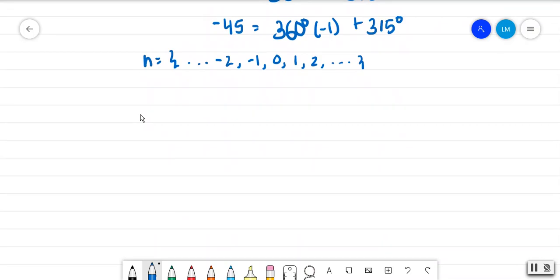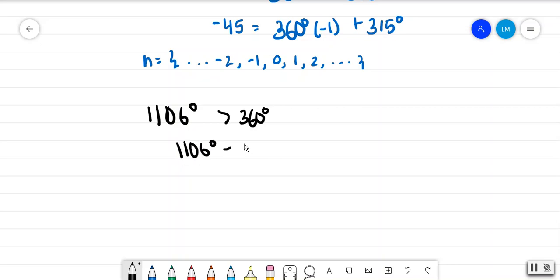Now, let's say, for example, that we wanted to find the coterminal angle for 1,106 degrees. Notice that this is greater than 360, so we need to subtract 360 the appropriate number of times. Let's say we do 1106 minus 360.